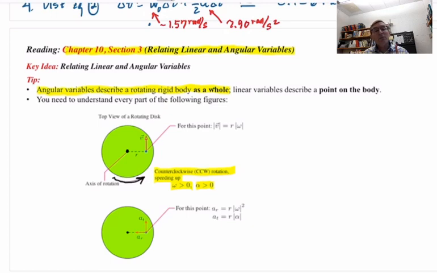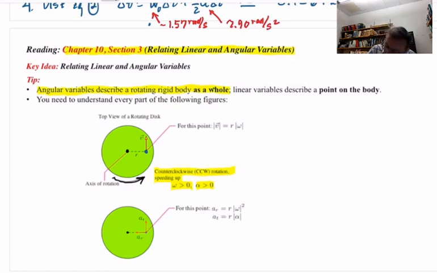But now, let's do something else. Suppose before it starts spinning, I paint with blue paint a dot on the disk. There it is. I just marked it, that blue dot. That's a point on the disk. As the disk rotates counterclockwise, what will its motion be?